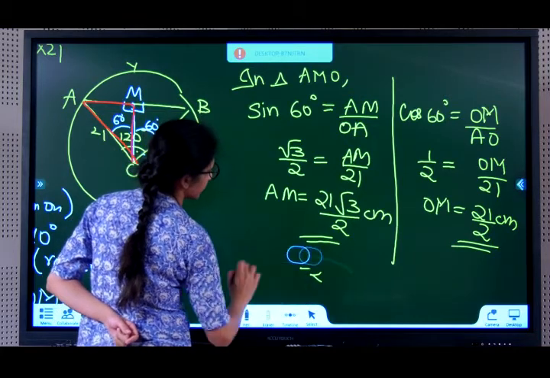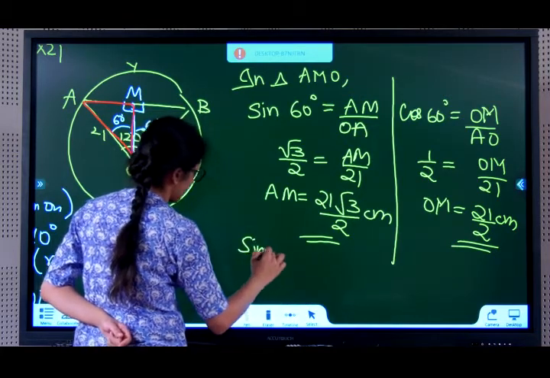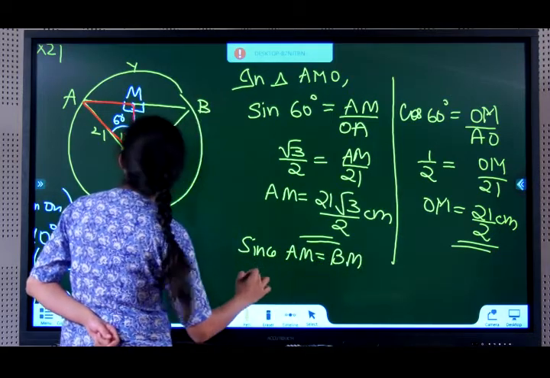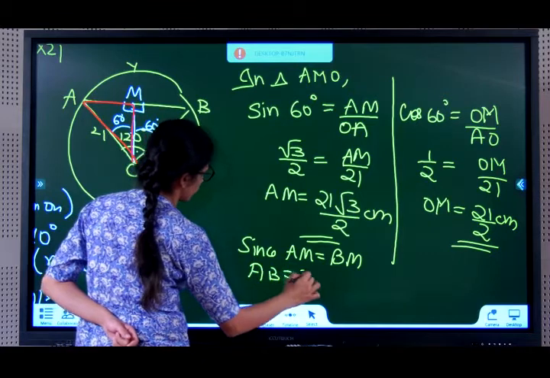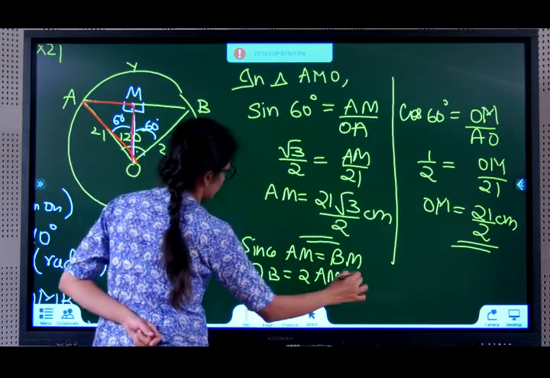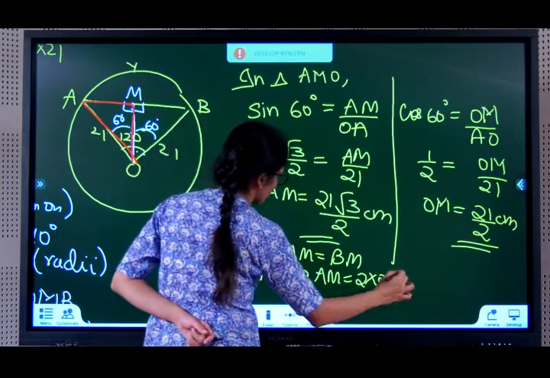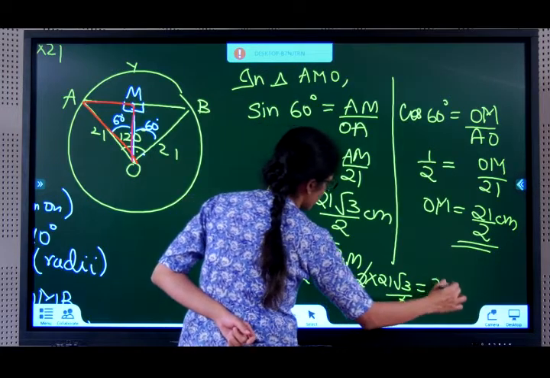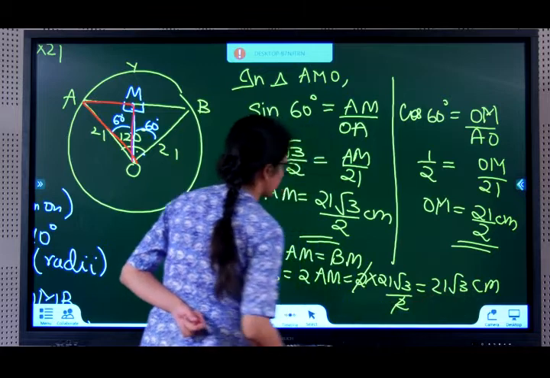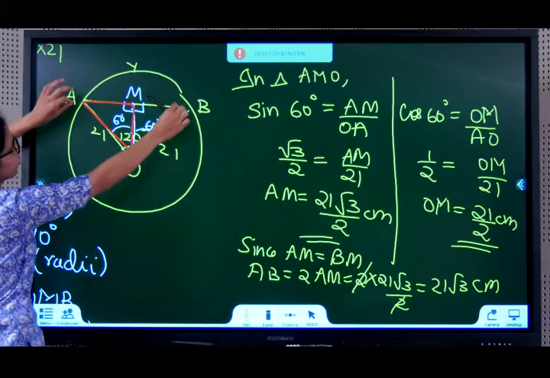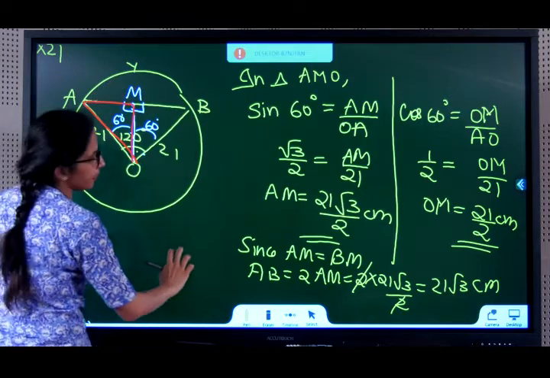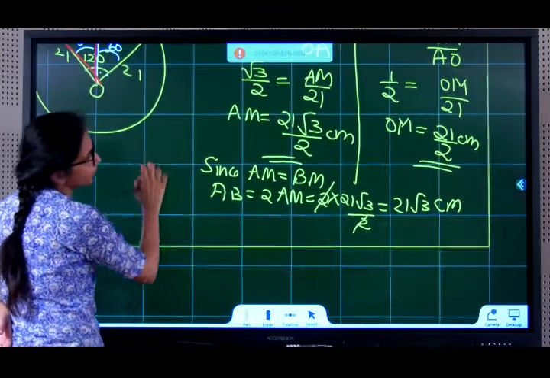We know AM, so we can say BM is also 21 root 3 by 2 centimeters. Or since AM is equal to BM, this whole length AB is equal to 2 times AM, which is 2 into 21 root 3 by 2. The 2 cancels, 21 root 3 centimeters. So this whole length AB is 21 root 3 centimeters and OM is 21 by 2. Now can we find the triangle?